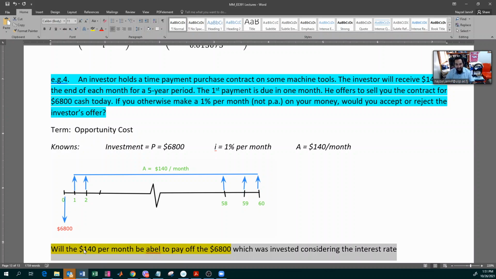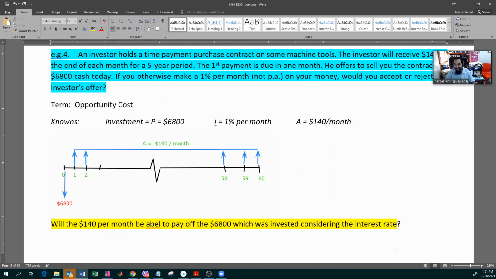That is the question. Will the $140 per month income be able to pay off the $6,800 which was invested? How do we know this? How do we do it?